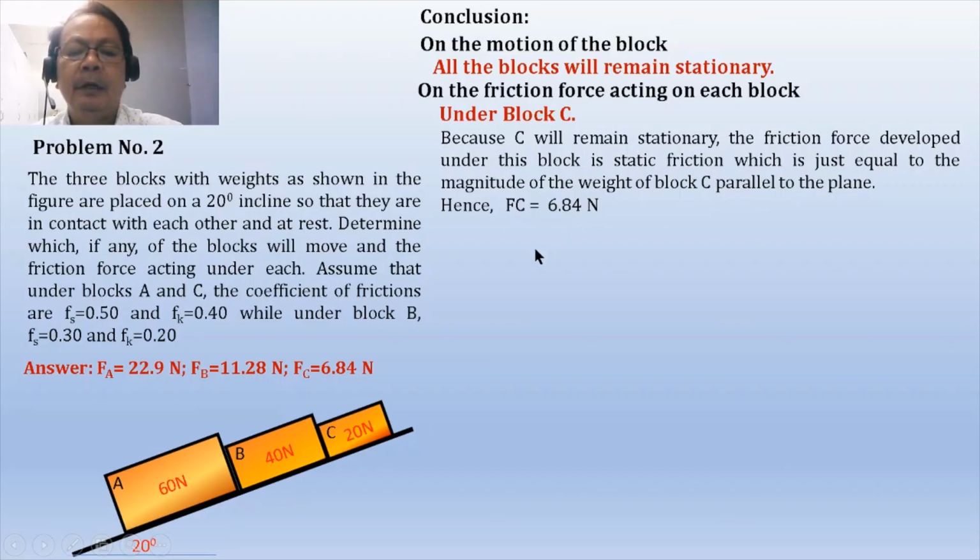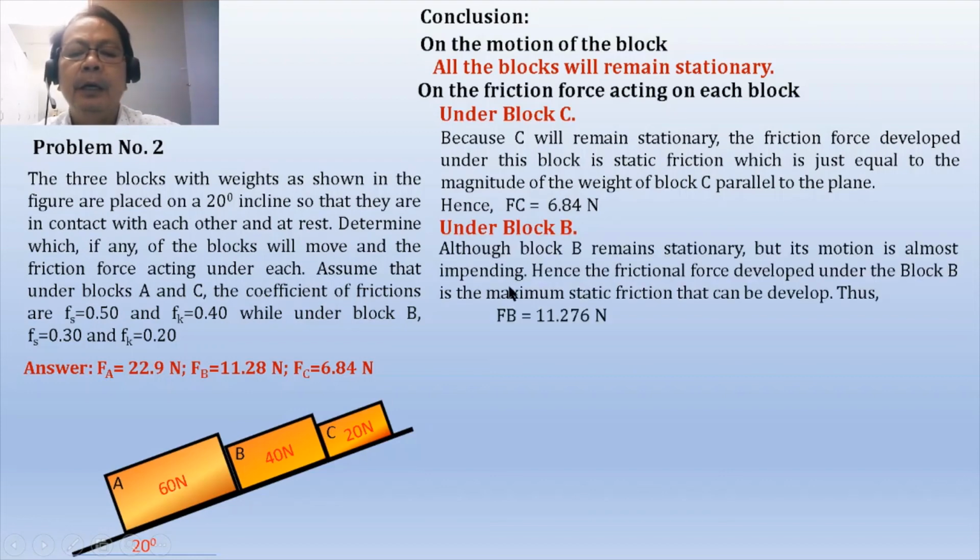Diba? While under block B, although block B remains stationary as we have computed, its motion is almost impending. So kasi kung solo lamang siya, gagalaw siya, no? But it is being blocked by A. Hence, the motion is impending. And because the motion is impending, the block is still in the condition of being at rest.